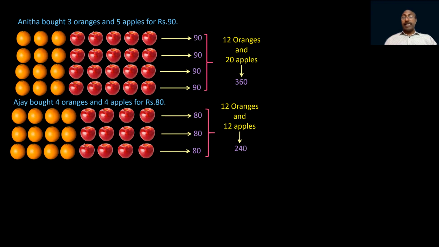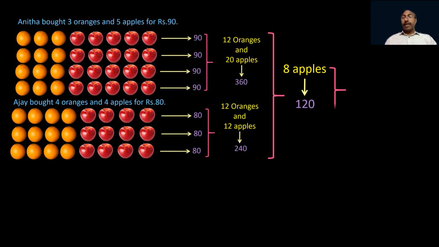And what is the difference between their costs? 360 minus 240, 120. That is, the difference of 8 apples is equal to 120 rupees.